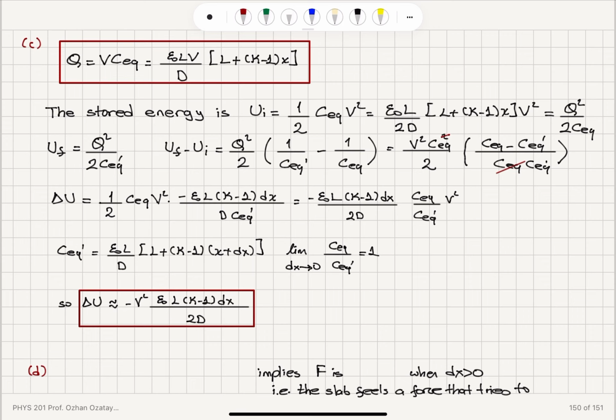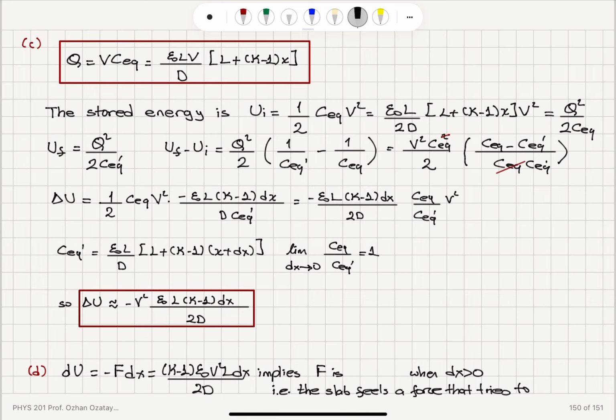Okay, so dU, the change in the stored energy, must be equal to minus F dx. So if I substitute that for part B, it is (kappa minus 1) epsilon 0 V squared L dx divided by 2d.